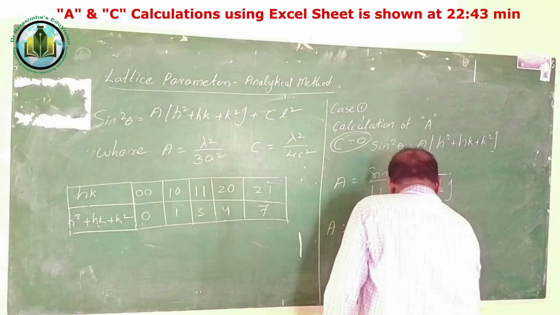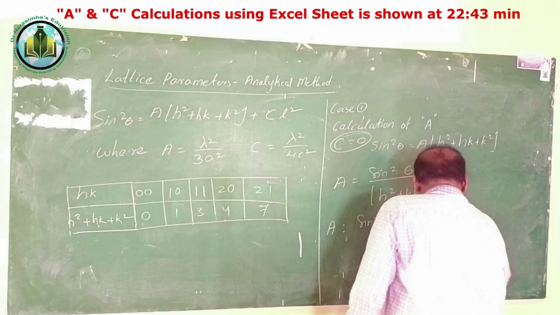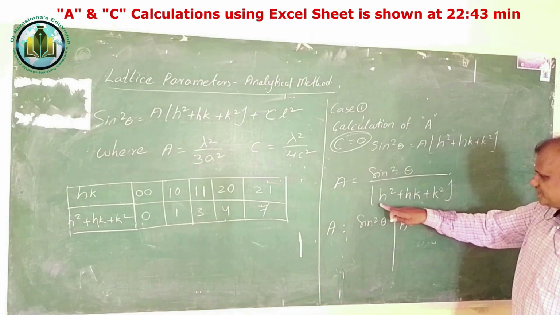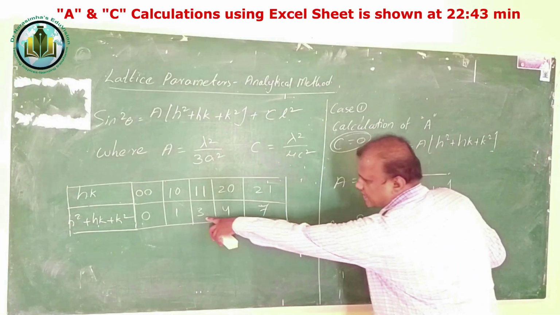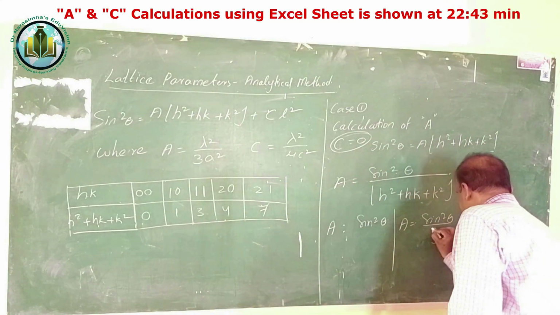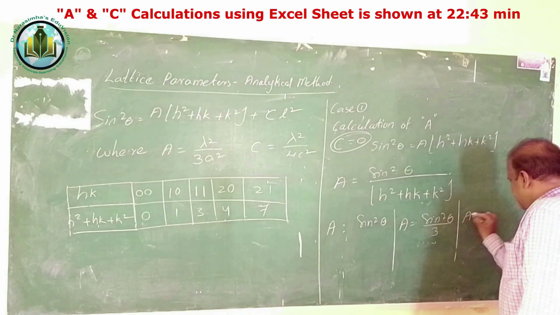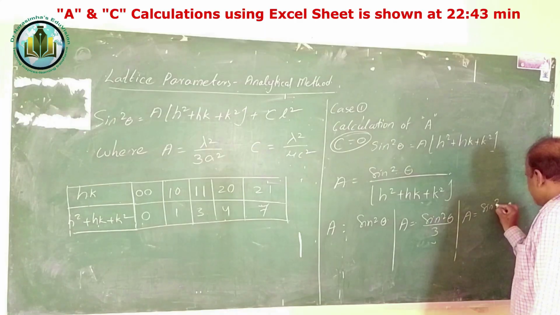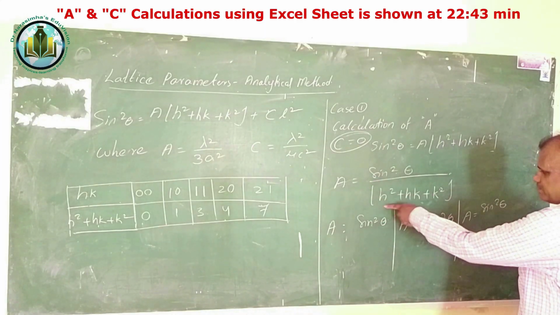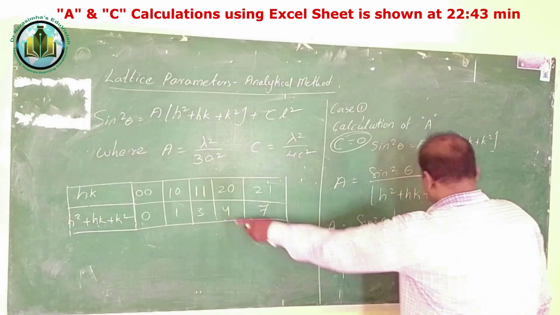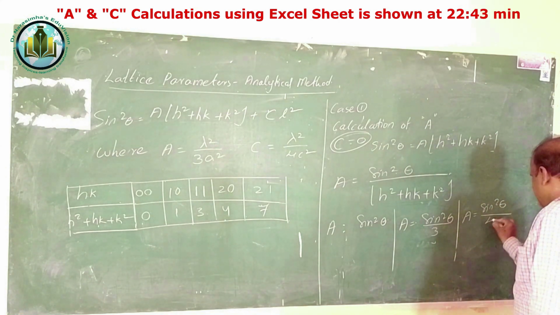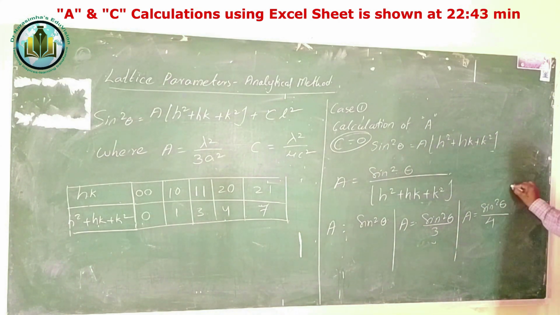Then capital A equals sin square theta divided by 3, or sin square theta divided by 4, or sin square theta divided by 7.